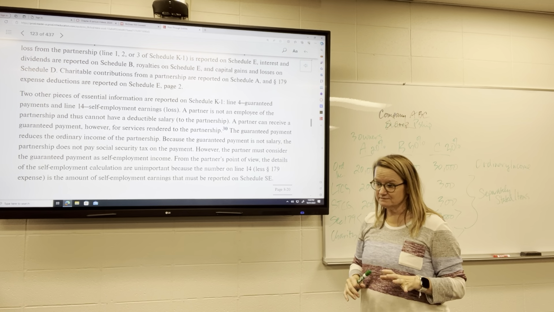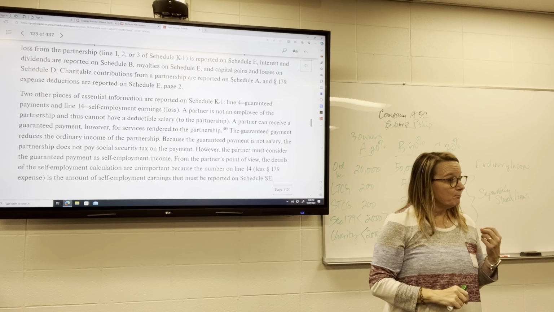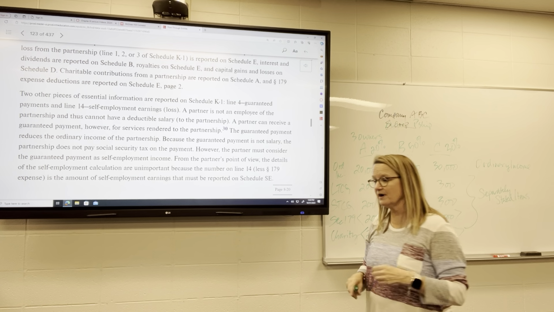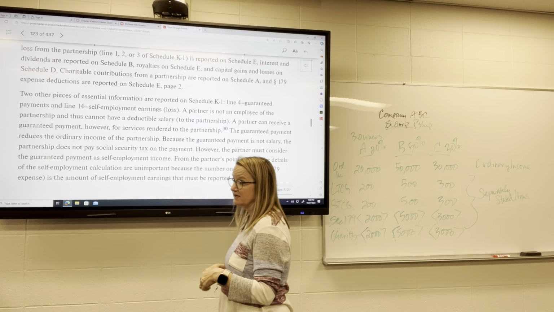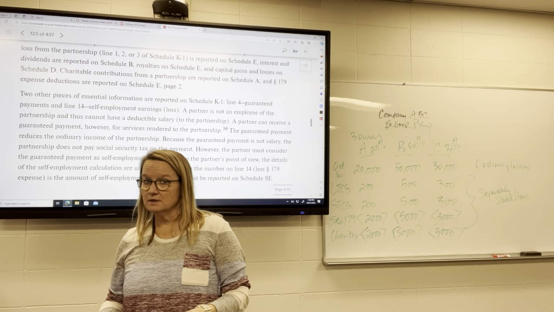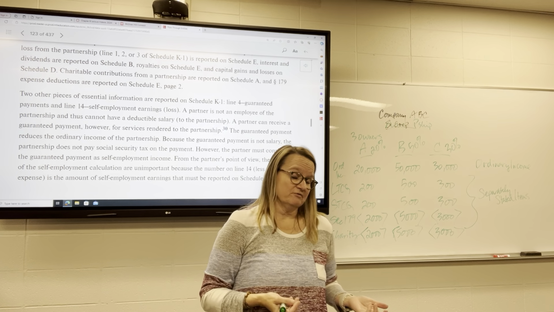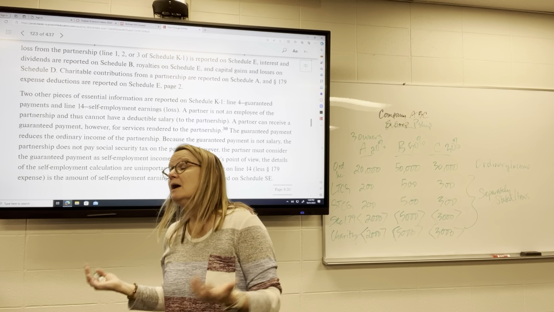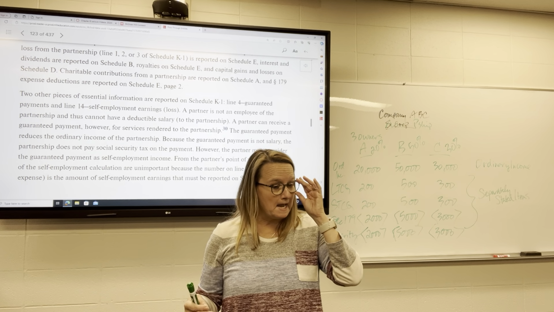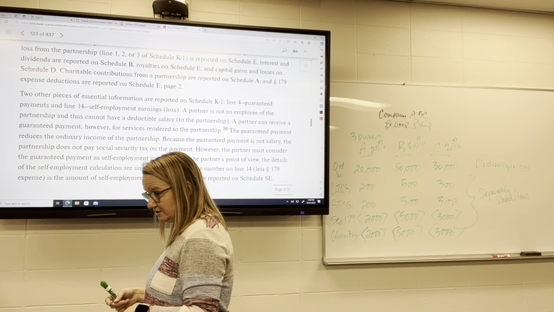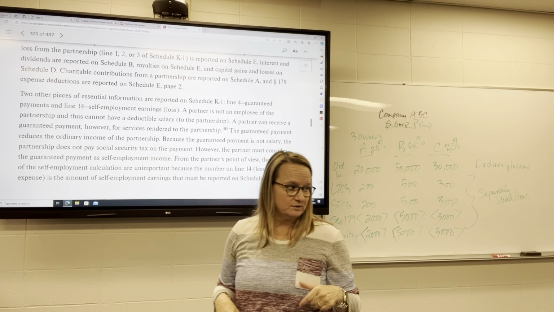Guaranteed payments. When a partner also provides services to the partnership and gets paid for it, because it's entirely possible that a partner will provide services and not get paid for it, but if they get paid for it, that is not considered wages. It's considered a guaranteed payment.